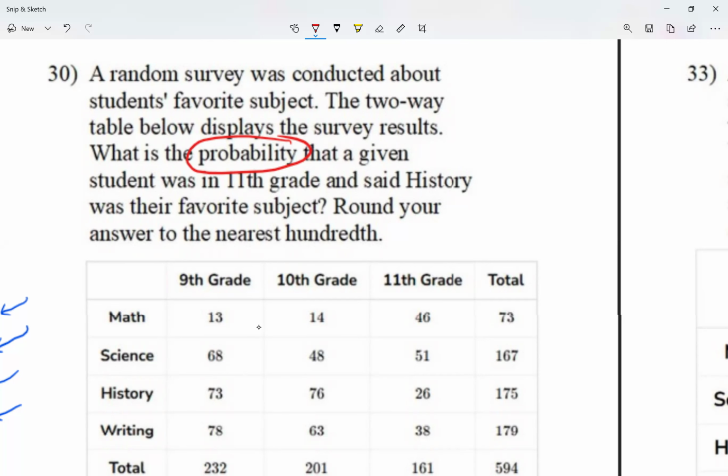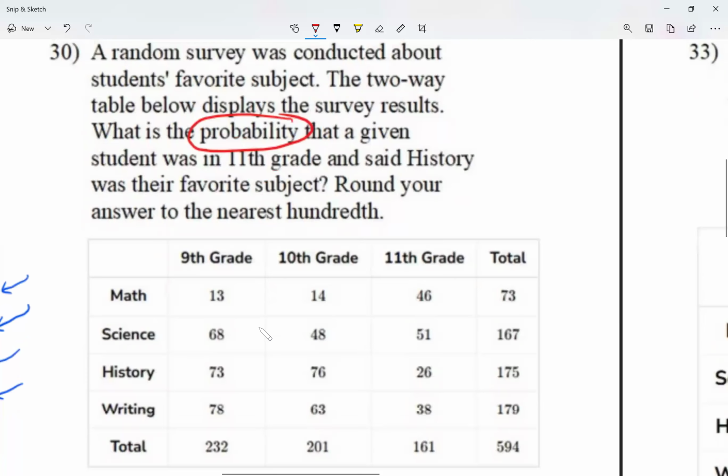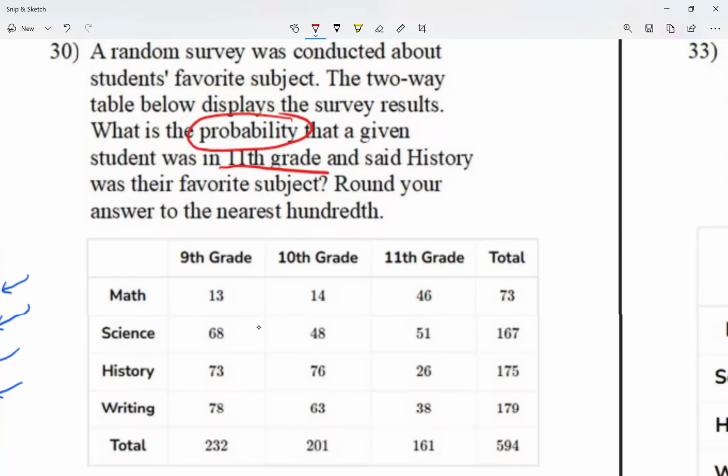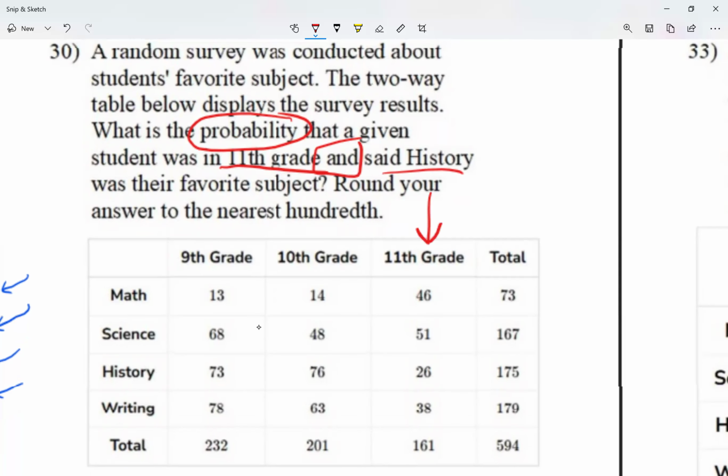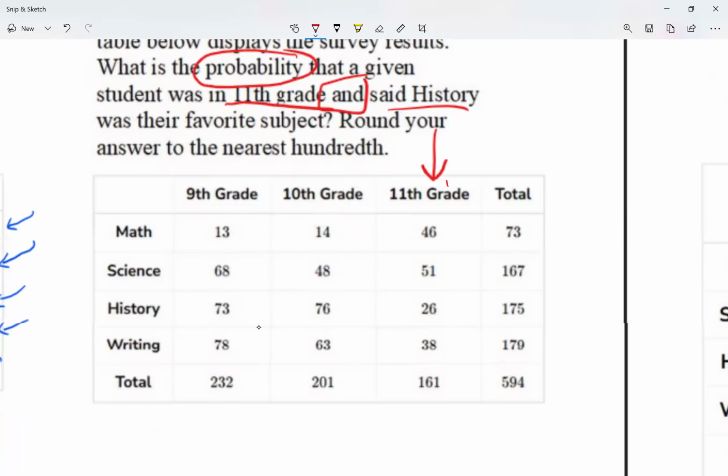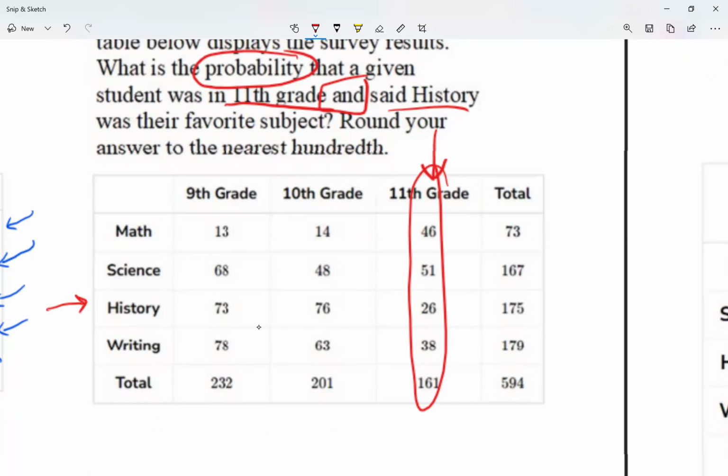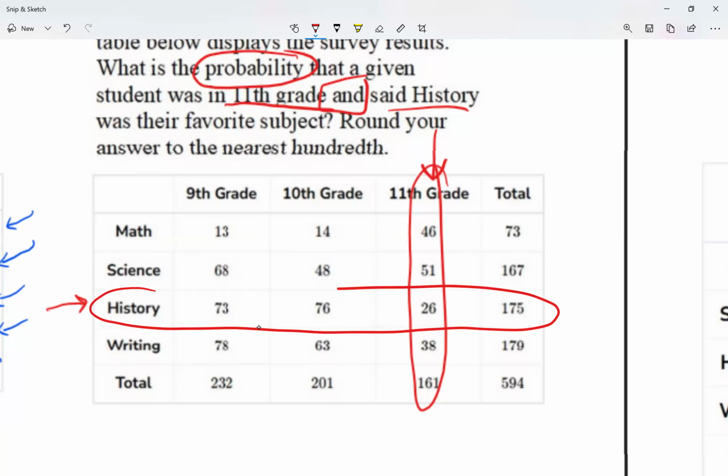What is the probability that a given student was 11th grade and said history was their favorite subject? So I'm looking at my 11th graders. This is the information for 11th graders. Here, I'm looking at history. This is my information for history. These two meet at 26.